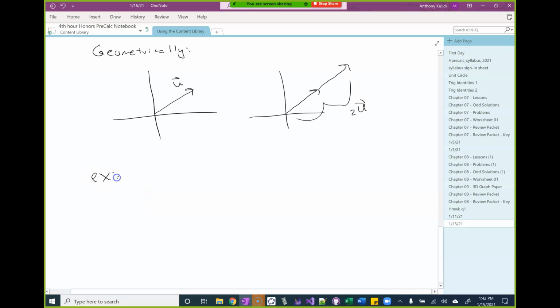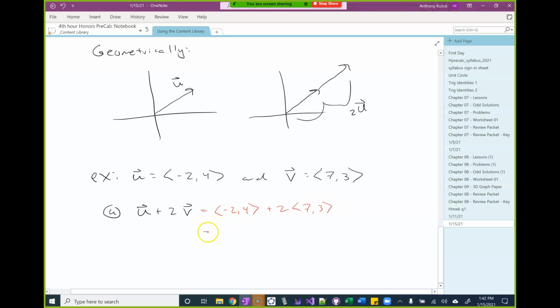Okay, so just some quick numeric examples here to buzz through. So let's say we wanted to do U plus 2V. Well, I'll just write in the values there.